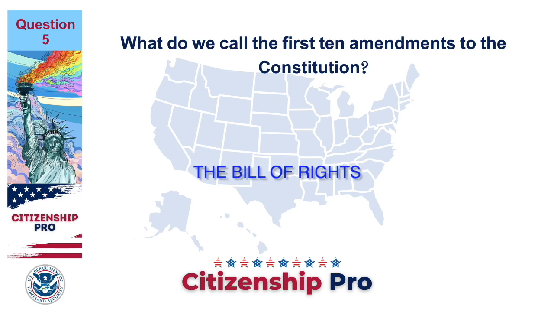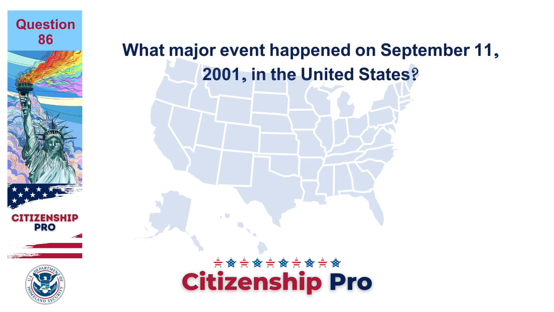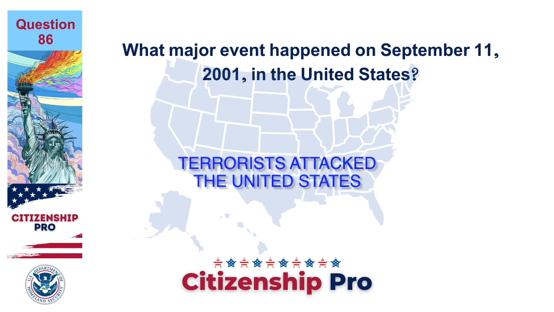The Bill of Rights. What major event happened on September 11, 2001 in the United States? Terrorists attacked the United States.